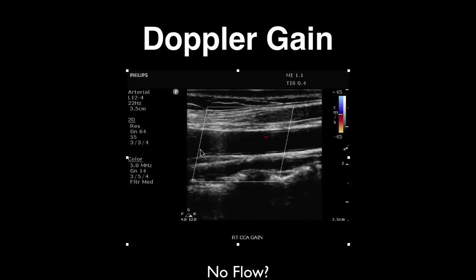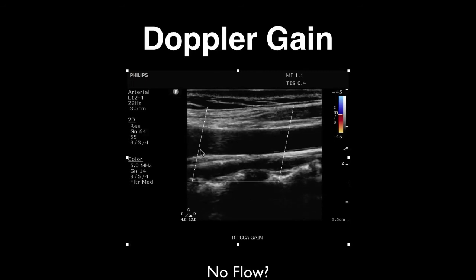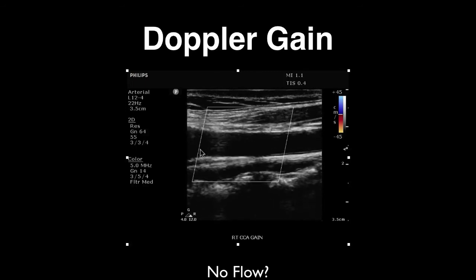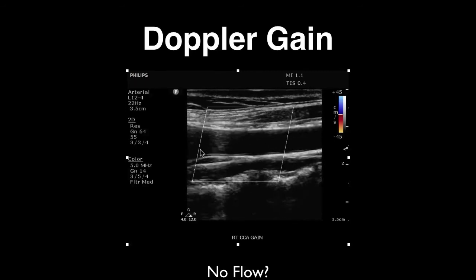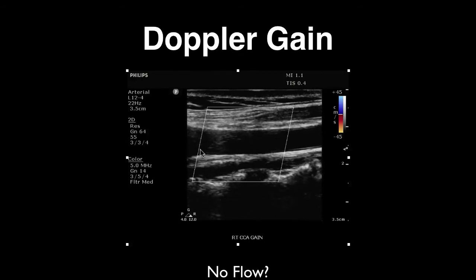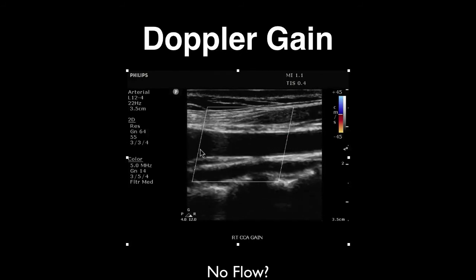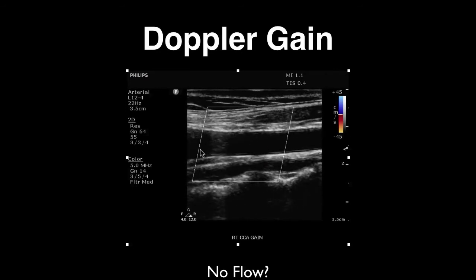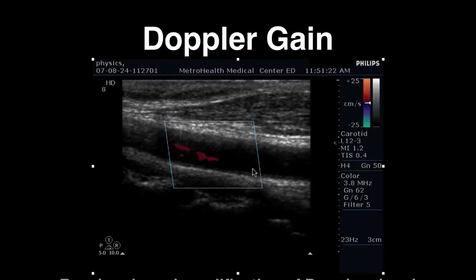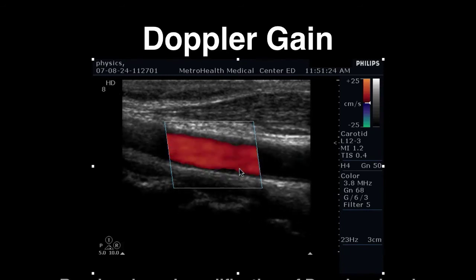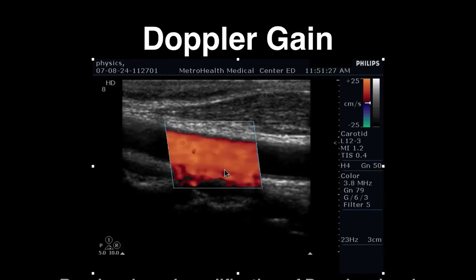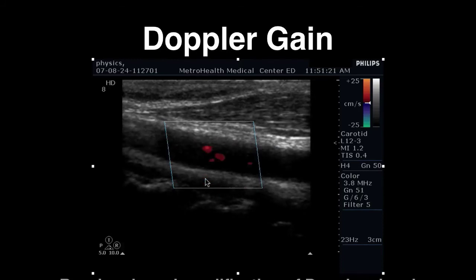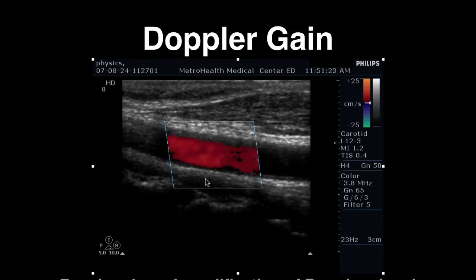So you have to make sure that the Doppler gain is appropriately set. And even if you're in the correct preset to begin with, this is one of the buttons or knobs that you're going to have to adjust, just like you do during the B mode scanning. And you can see here now, we're increasing the Doppler gain, and you can see that eventually it gets too high, and we get artifactual signals.